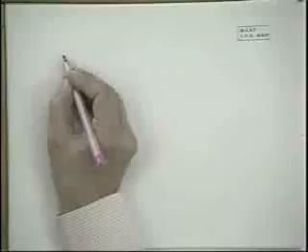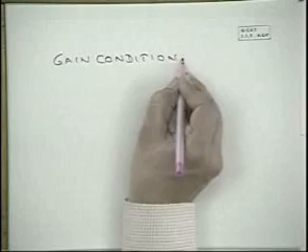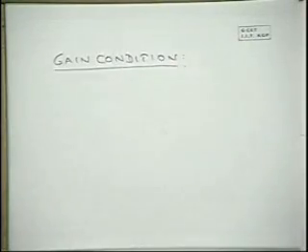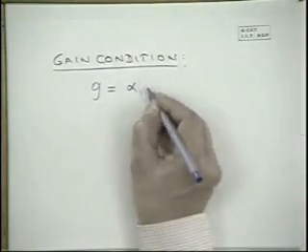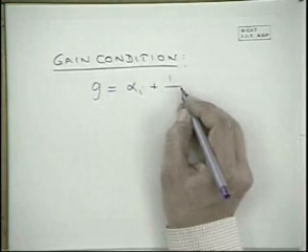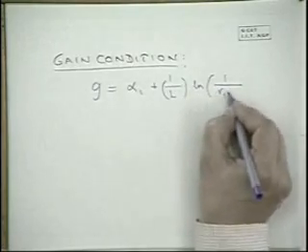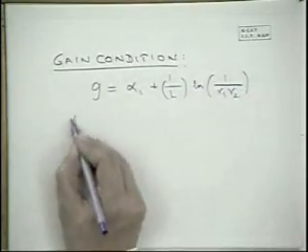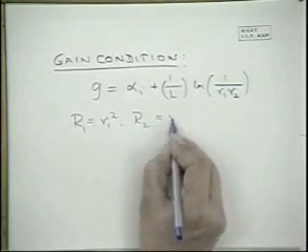The gain. Let's go back to the gain condition. We got the gain condition, 1 by L log 1 by R1 R2, but remember R is equal to R1 squared, R1 R2 is equal to R2 squared.